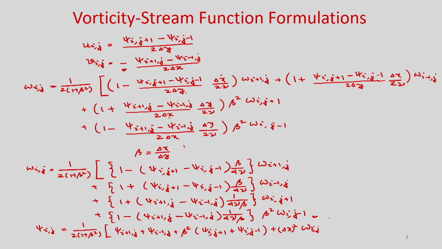Okay. So this is the discretized equation for psi. So you can see in the psi discretized equation omega ij is coming, and in omega, psi values are coming. So it is coupled, and you need to solve this ψ_ij and ω_ij for all interior points.